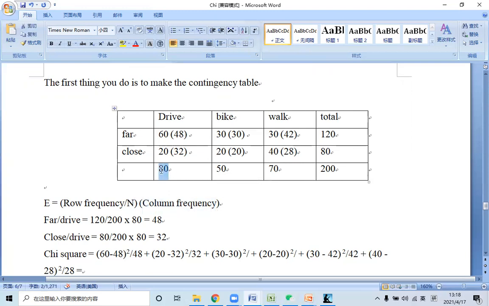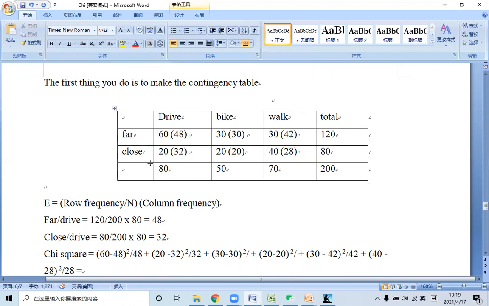Column frequency in this case will be how many people drive, how many are bicycle users, how many of them walk. And then you divide these numbers according to the proportion of far away people and close by people. And you get the expected value.